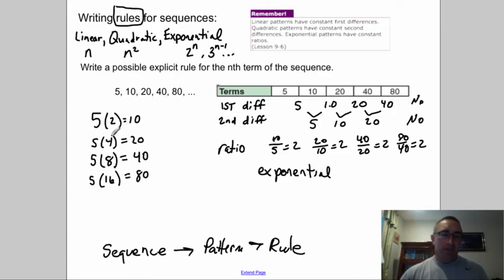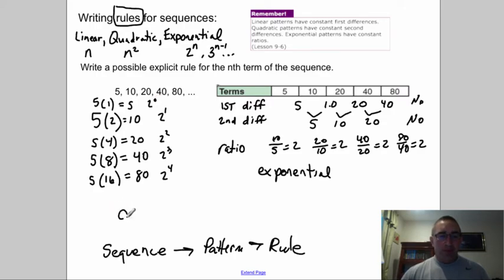Notice that 2 is 2 to the first. The 4 is 2 squared. The 8 is 2 cubed. And the 16 is 2 to the fourth. So I can write, and the 5 times 1 is 5, and the 1 is 2 to the 0.